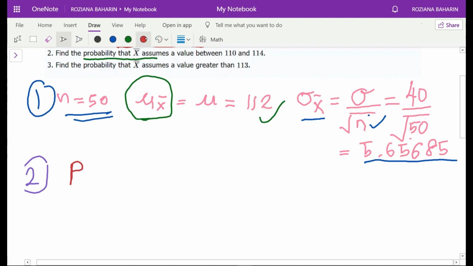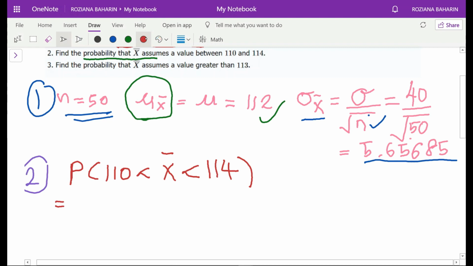P is your probability, so it is in between what? 110 and 114 for your X bar. Next, what is the formula that we use for this probability?